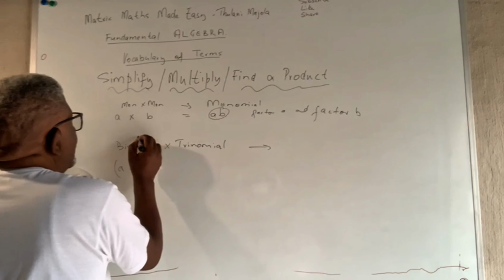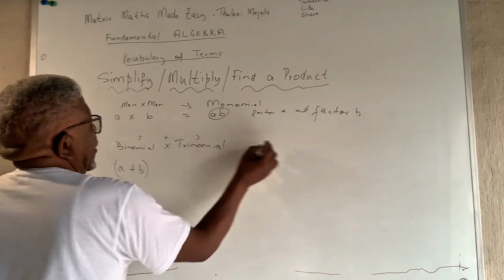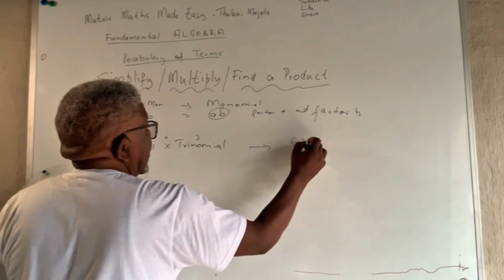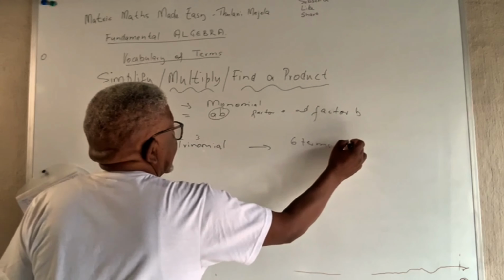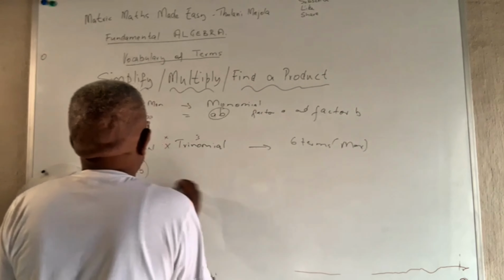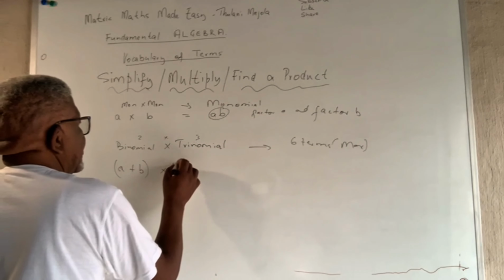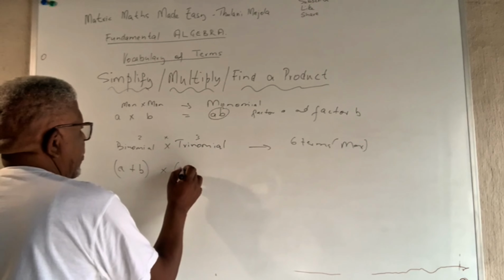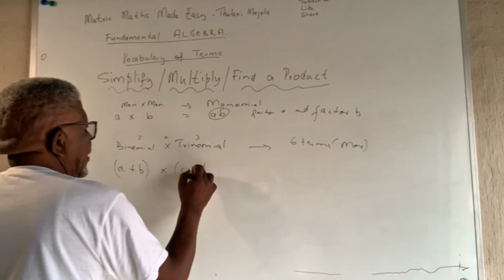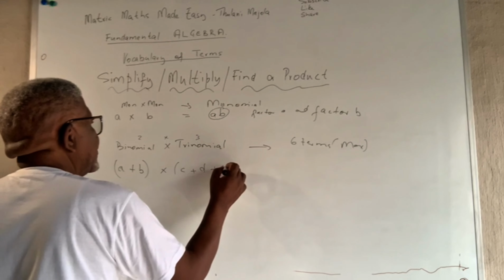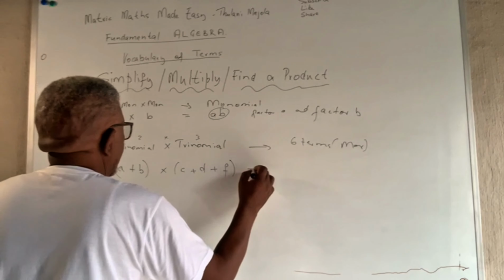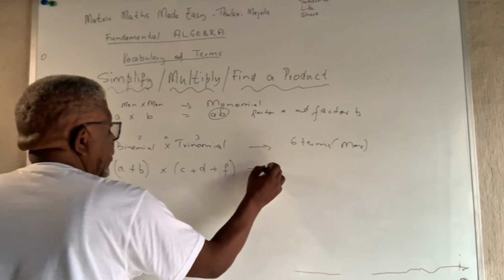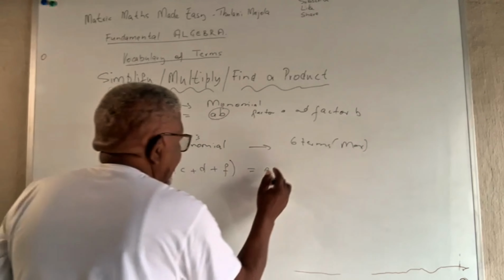What you get is 2 times 3, 6 terms max. So A plus B times C plus D plus F. Each term must multiply all the terms here.